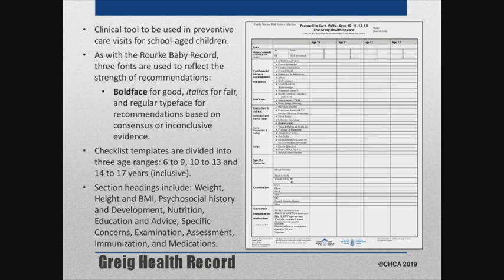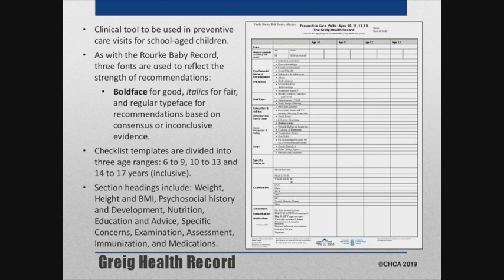Across the horizontal, you'll find ages. Across the vertical, you'll find various different health topics, including weight, height, BMI, psychosocial history, developmental or nutrition, education, etc.